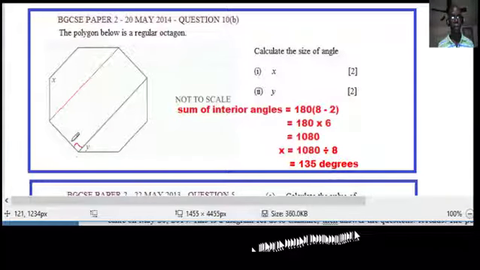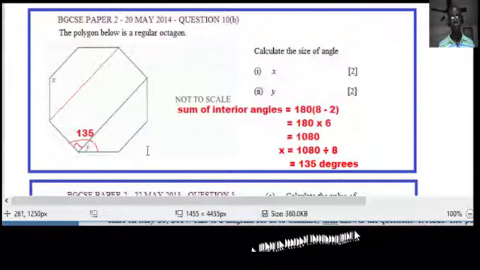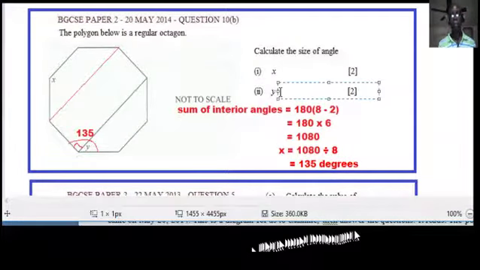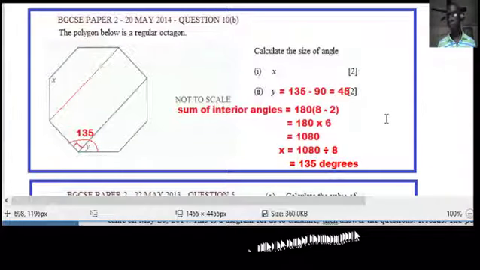Since the entire angle at this vertex is 135 degrees, y equals 135 degrees minus 90 degrees. The result is 45 degrees.